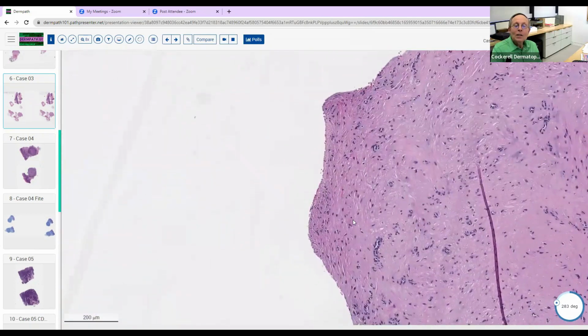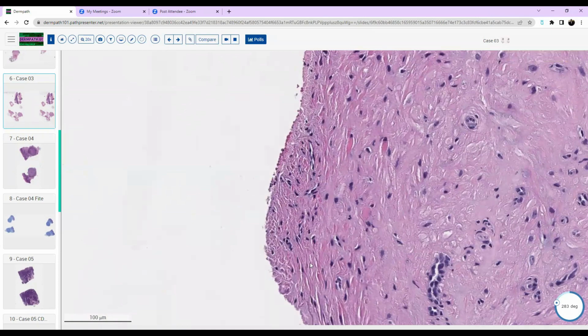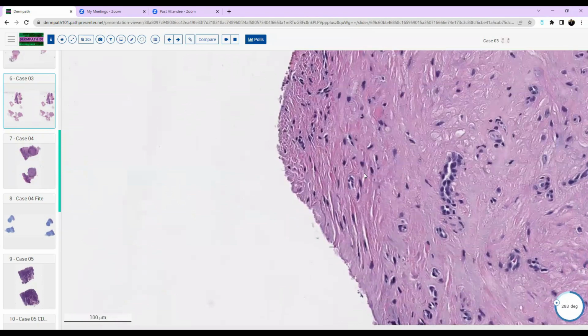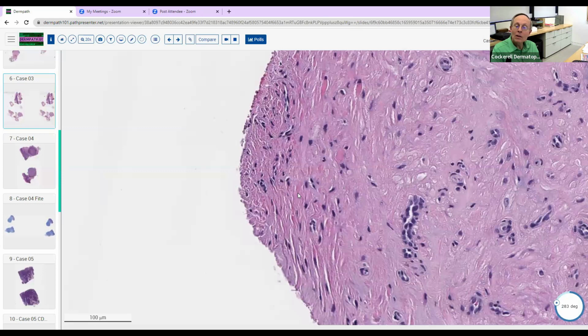Let's look at the edge here. What about these cells over here? Do those look like smooth muscle to you? Not as much. The nuclei don't have that same appearance. Right. They look more like fibroblasts here, and they blend imperceptibly into this area.